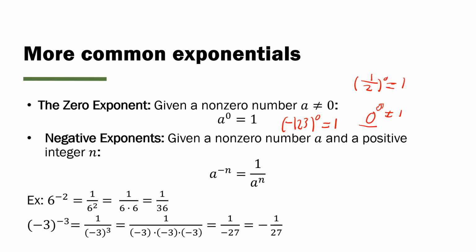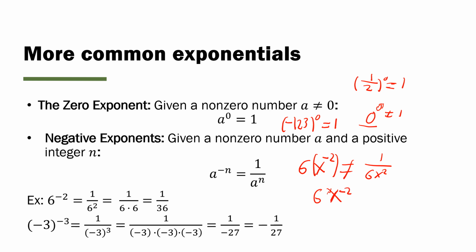Now one thing I want you to keep in mind is what about 6 times x to the power of -2? This does not equal 1 divided by 6x squared. Why is that? It's because this -2 is only being applied to this x variable, meaning 6 needs to stay inside the numerator.